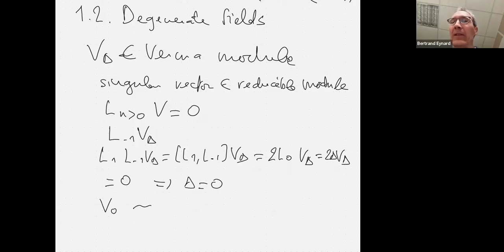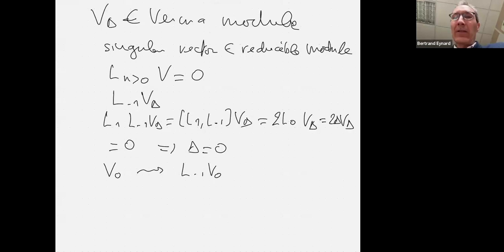But if I want this level 1 descendant to vanish, I have to make a special assumption, and then I will change the name of my field. I will call it now VD11, for a degenerate field with Katz indices 1, 1. And then its descendant at level 1 is 0 by definition.